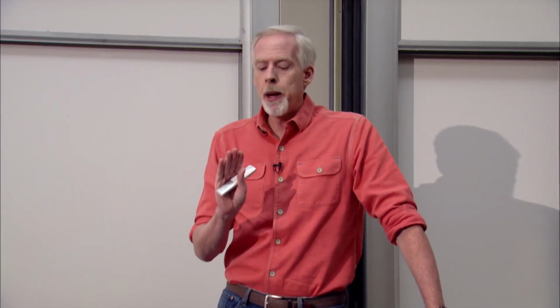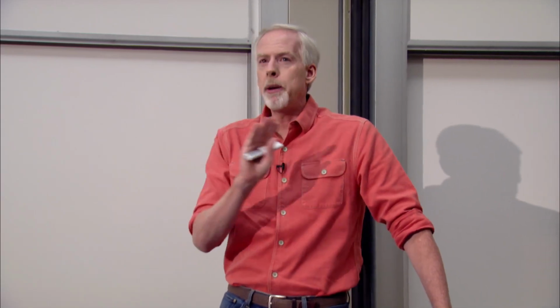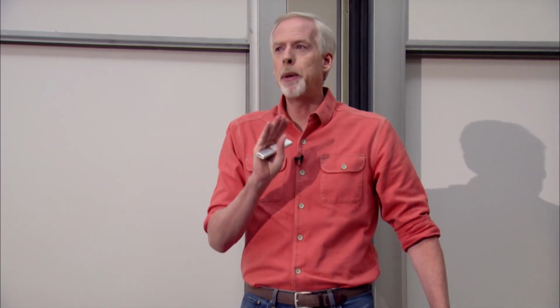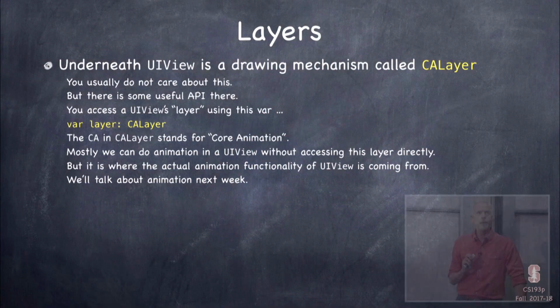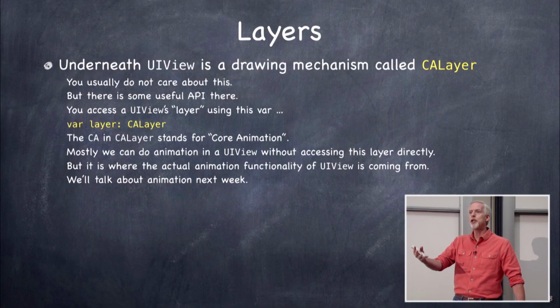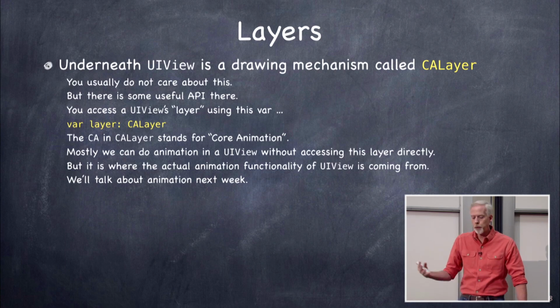Okay? All right, brief mention about layers, okay? So UIView's drawing mechanism is actually built on another whole system I'm not going to talk about called Core Animation. And that's because everything you do in a view can be animated, okay? Views moving, transparency happening, all this stuff can be animated. And there's a whole layer for doing that.